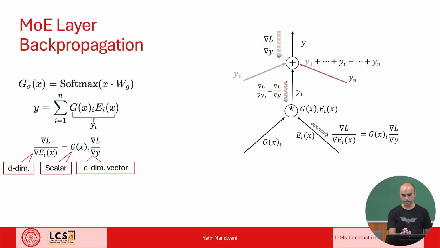And again, a simple chain rule would give you the derivative of the loss with respect to Ei of X. Here again we can apply the chain rule.